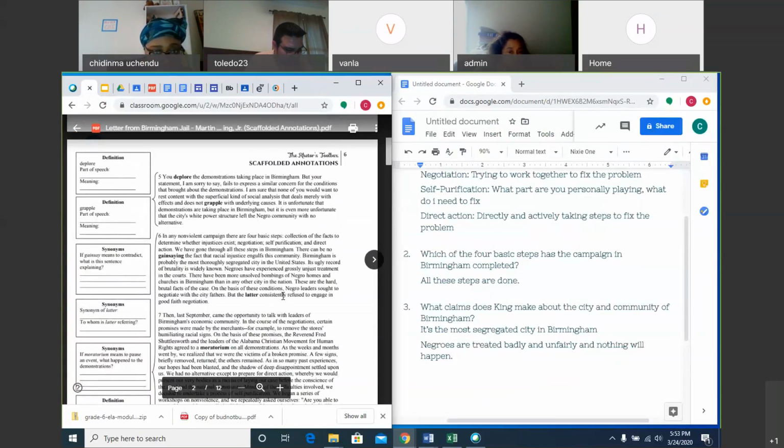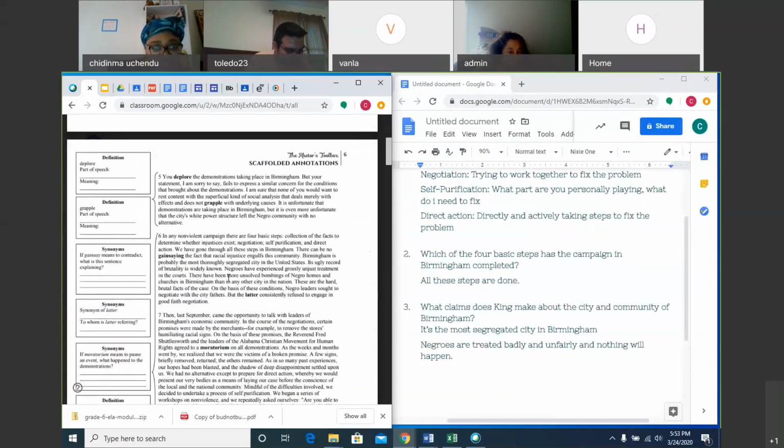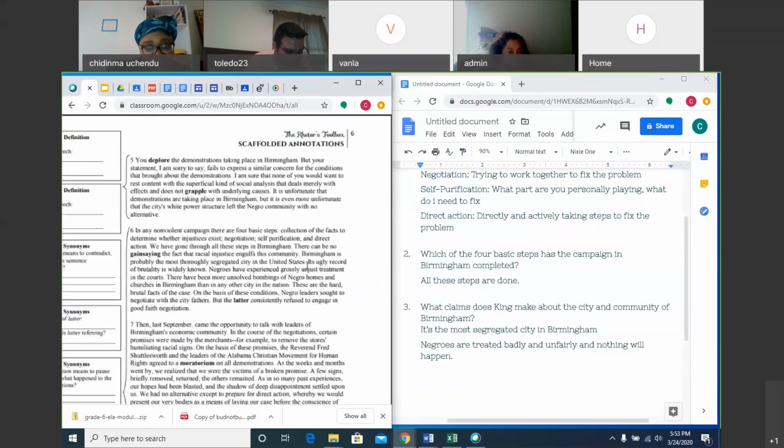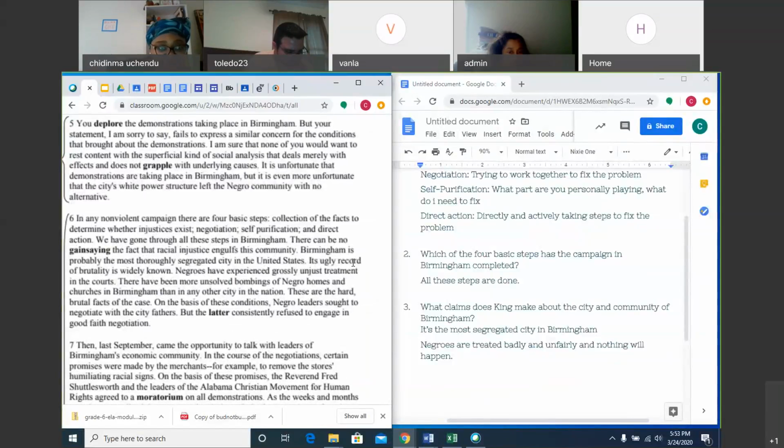Okay, so it's the same thing. See what it says right here? Its ugly record of brutality. There's no police there. In my notes, there's police. Okay, so those are your notes.